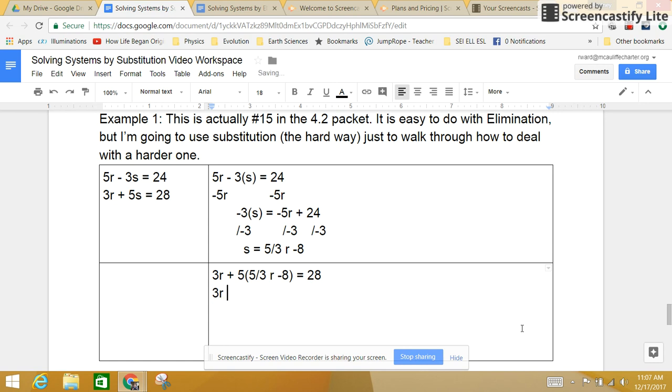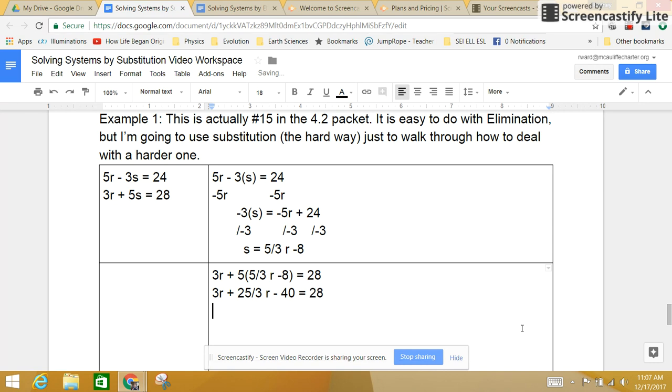So 3r plus 25/3 r minus 5 times 8, which is going to be 40. So that's 5 times negative 8, which is negative 40. I can now drop the parentheses, and I've got 28 still on this side.